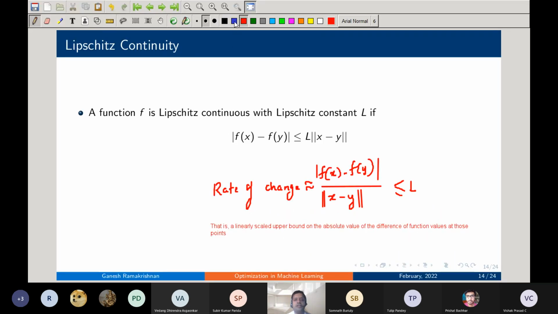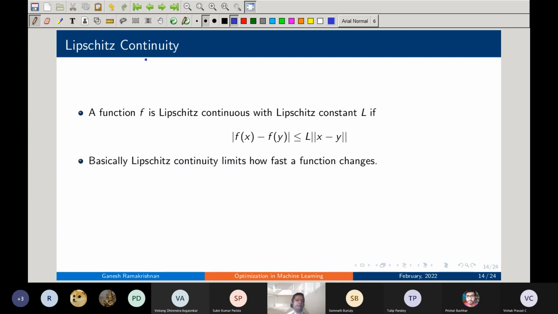So it's limiting how fast the function changes.